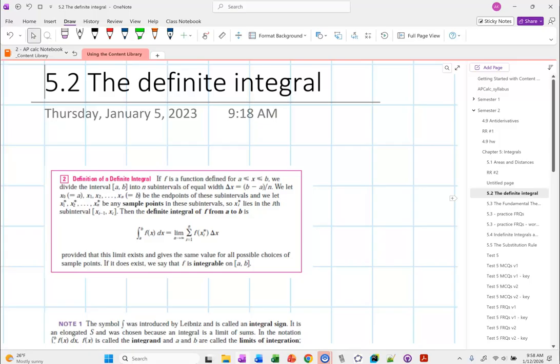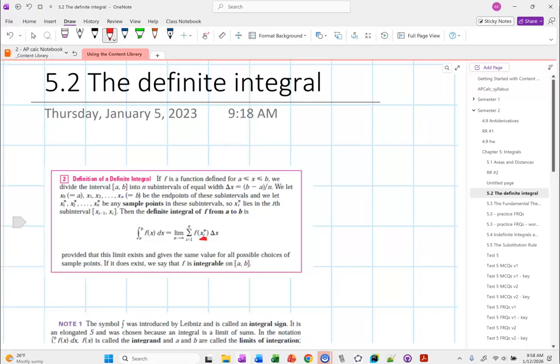Right, and so this works for right-hand endpoints or left-hand endpoints or midpoints or whatever point you want, whatever x value you want to use to build the height on that little sub-interval for the rectangle you're building. It doesn't matter what x value you use as long as it's in that little sliver that we've chopped up.